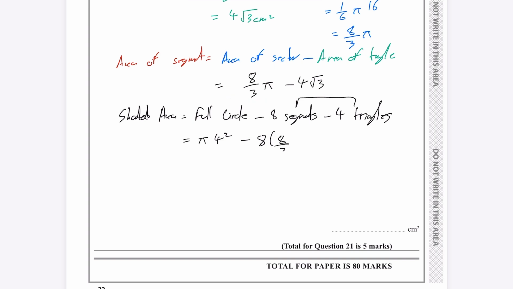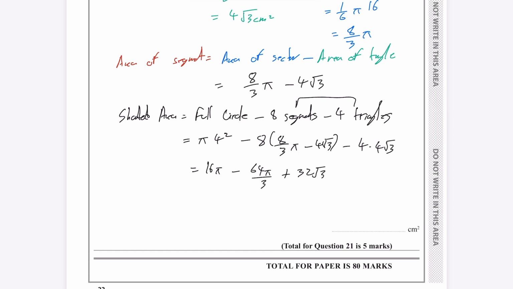So that's going to be 8 over 3 pi minus 4 root 3, minus 4 times 4 root 3, and that becomes 16 pi minus 8 times 8 over 3 pi, which is 64 pi over 3. Now careful here, it's a negative and a negative, which makes a positive.